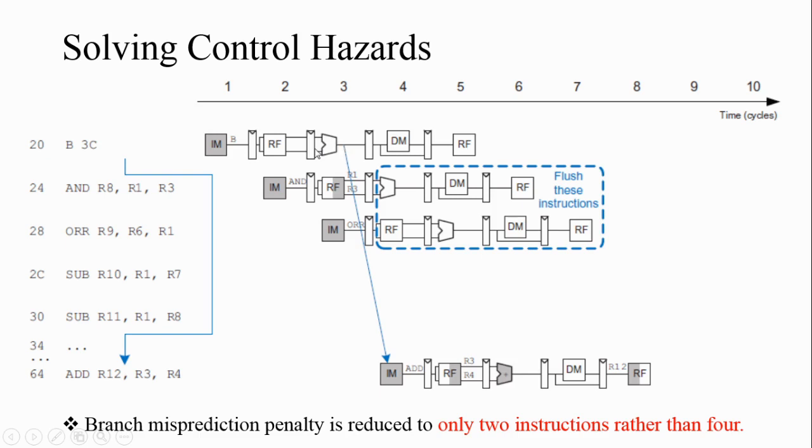So you will be getting the branch address after 2 itself. Before entering 3, after 2 itself we are getting. So only 2 instructions you need to flush out, because in the next instruction itself you will get the address. In the third cycle itself you will get the address.